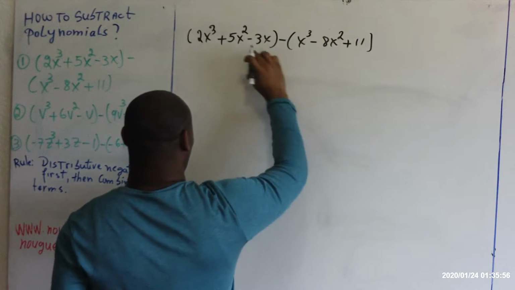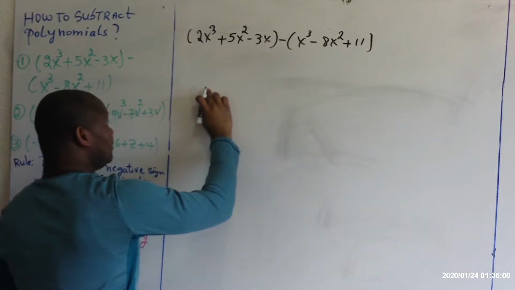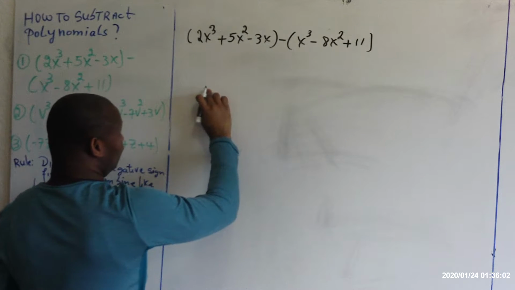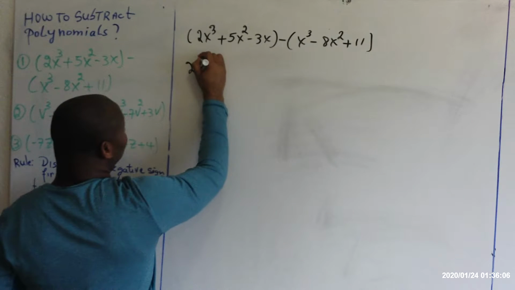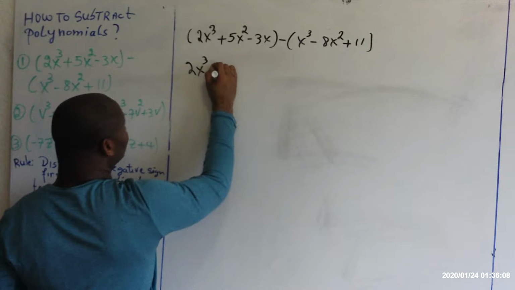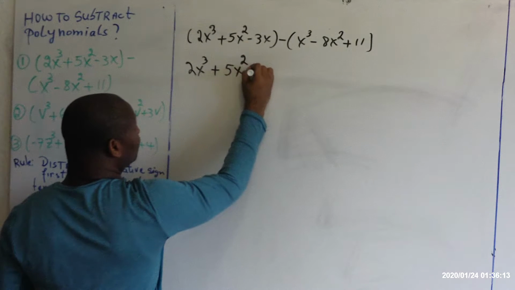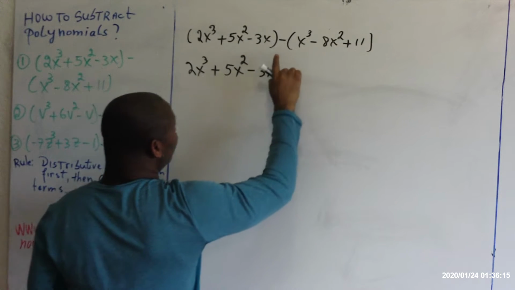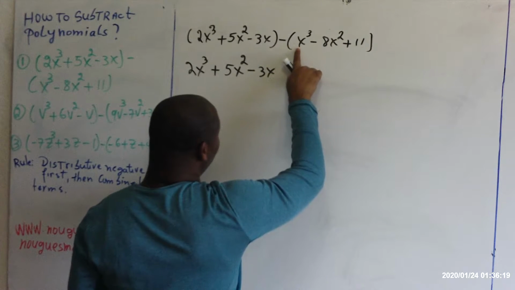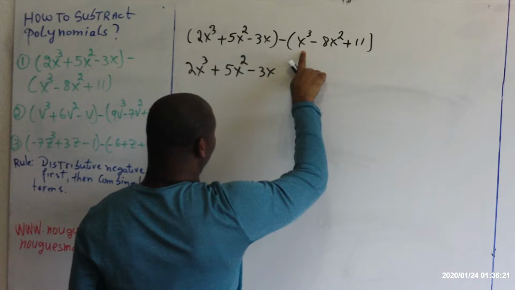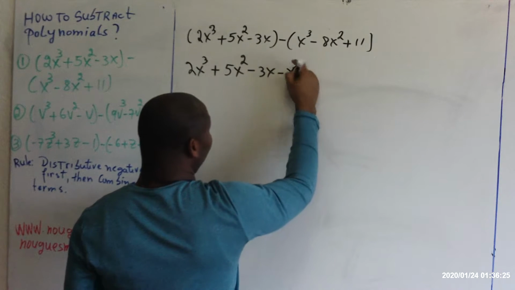Okay? So let me write the terms on the left side first. So it's going to be 2x to the cube plus 5x squared minus 3x. So now it's going to be negative sign times x to the cube. It's going to be negative x to the 3.